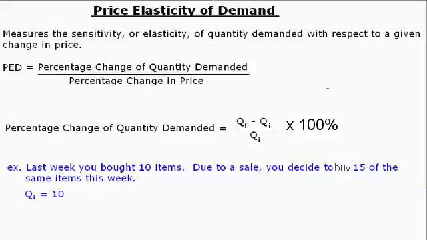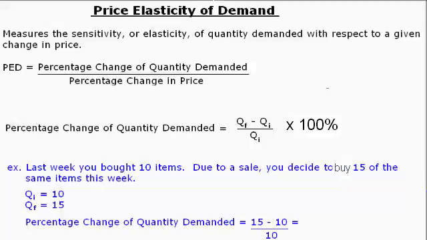Therefore, your initial quantity would be 10, the amount you bought last week, and your final quantity would be 15, the number of items you bought this week. The percentage change of quantity demanded then becomes 15 minus 10 divided by 10, which yields 0.5. We multiply that by 100%, which gives us a percentage change of quantity demanded of 50%.